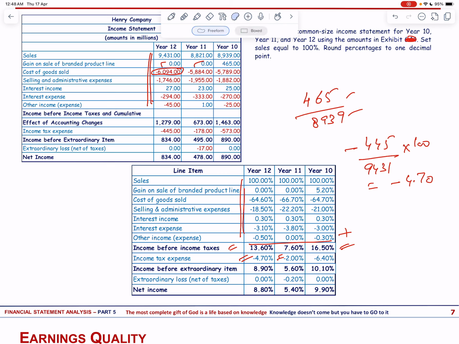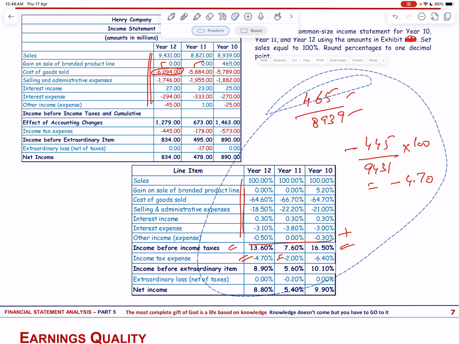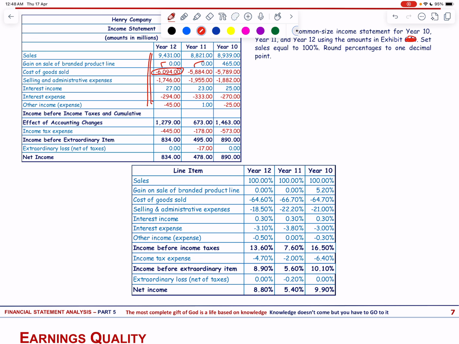And then we have added up these two, so that gives us 8.9, 5.6, and 10. Similar is the case with the extraordinary loss. 0 divided by the sales of year number 12 is 0.